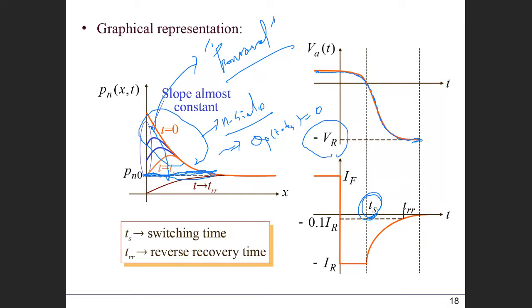If you look at the current flow across the diode, before t equals 0 the current was IF. At t equals 0, we suddenly changed the diode to the reverse bias. At that moment the diode still remains as a forward bias, so your current is limited by the outside circuit.